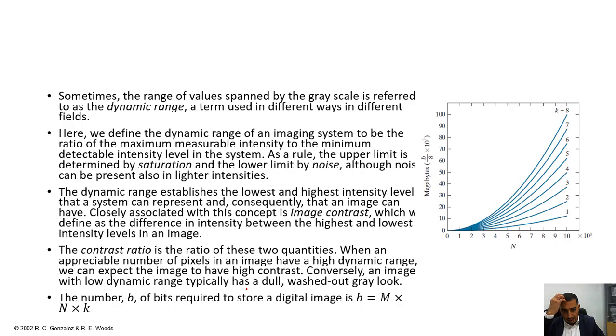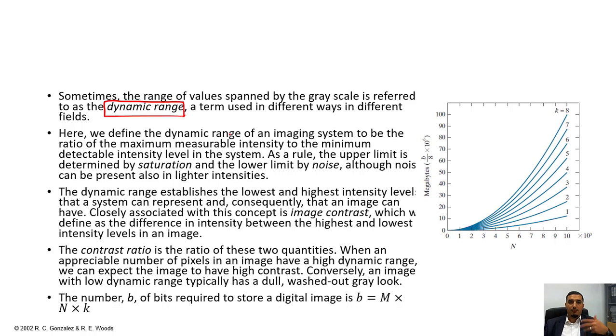Now, the range of values spanned by the grayscale is referred to as the dynamic range. We have something called the dynamic range. If you have heard about it, it is a term used in different ways in different fields. So what is dynamic range?